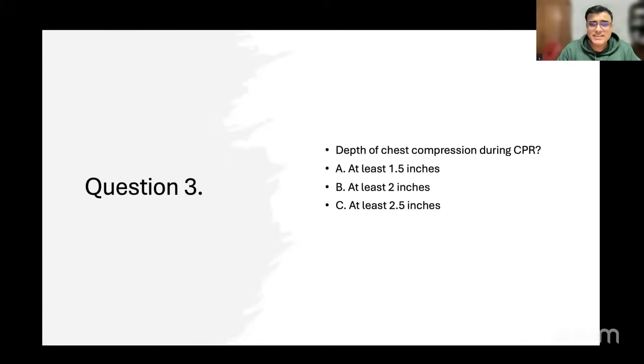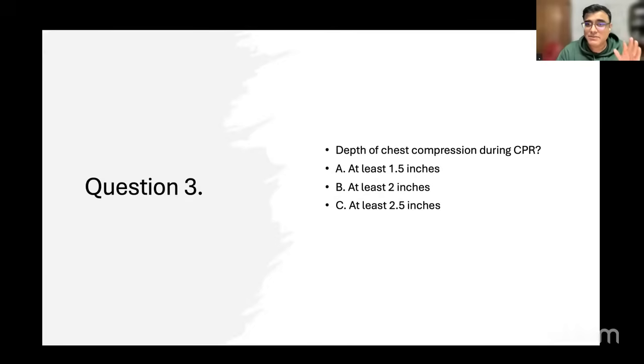Question three was depth of chest compression during CPR. Some of the people recalled the options as at least 1.5 inches, at least 2 inches, or at least 2.5 inches. Here they basically try to confuse you. The depth of chest compression mentioned is 5 to 6 centimeters, which is 2 to a maximum of 2.5 inches, not at least 2.5 inches.